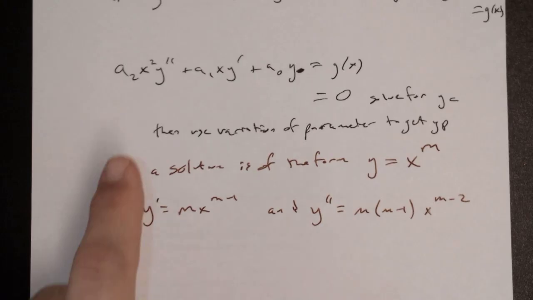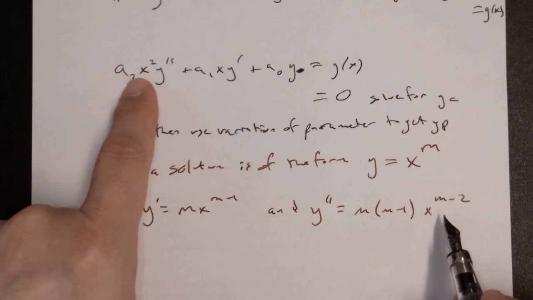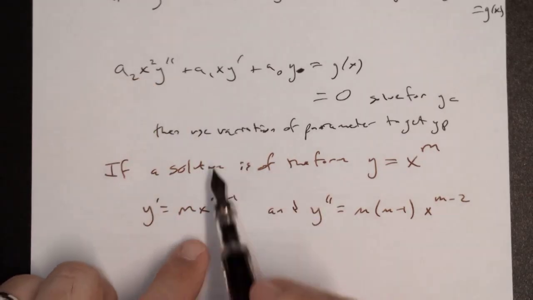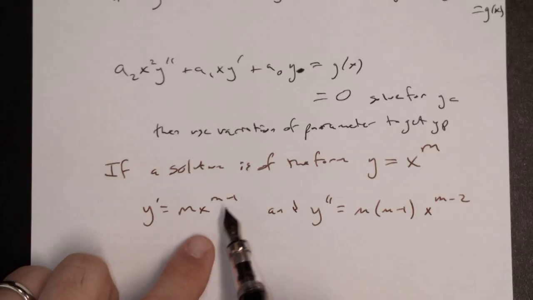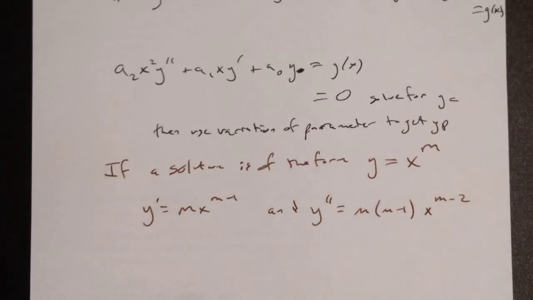Well, this x squared here is going to make this x to the m. This extra x here is going to make this x to the m. And this one is already x to the m. Which means this works if my coefficients work out right.